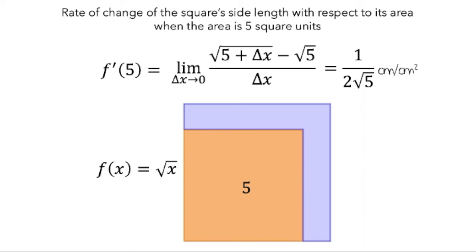And this is an example of a more general process. To use the limit definition to compute the values of derivatives, you start with a function. In our example, it was the square root of x, but it could be any other function.